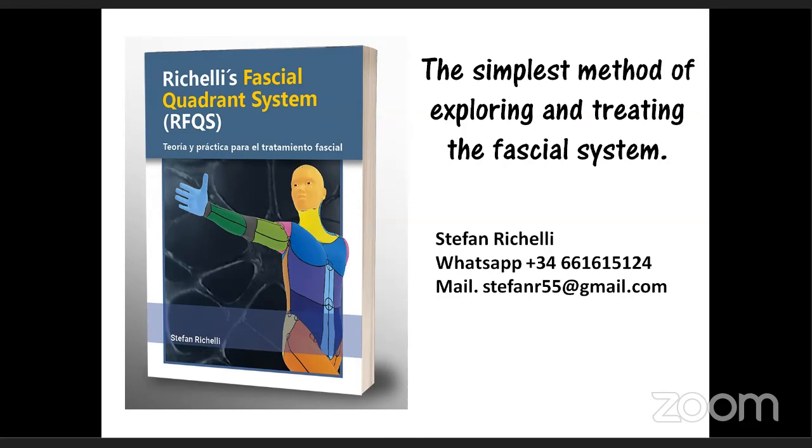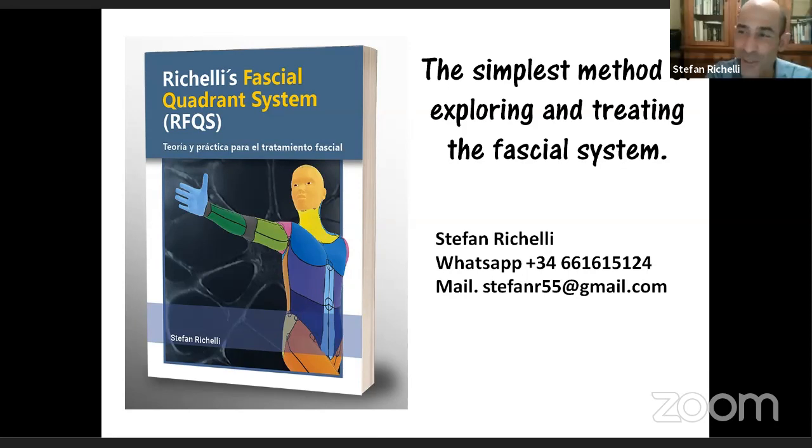Stefan, where in the steps of treatment would you keep the fascial treatment? Would it be before the muscular system, or would it be after the muscular system? Like, is it step one of the treatment, or does it come later? As I told you, any kind of intervention in the body is fascia treatment.